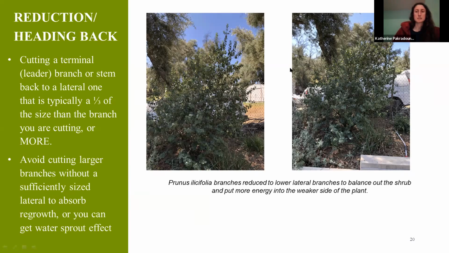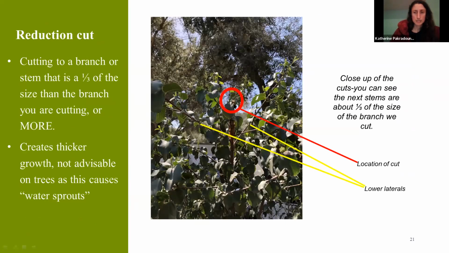So for instance, this is the branch they cut. These are the branches that are going to now get all that energy, right? And it's going to make it probably a rounder plant, a little less energy going vertically. And you can see that these are about 1/3 of the diameter of the main stem.